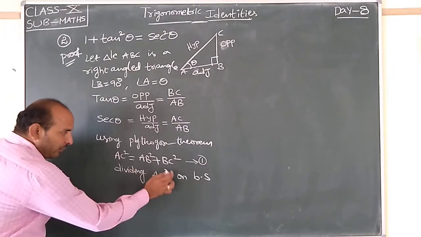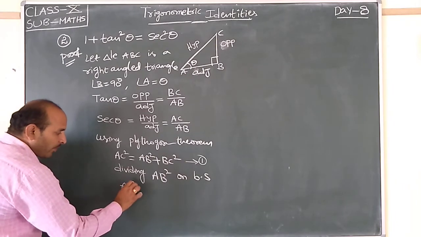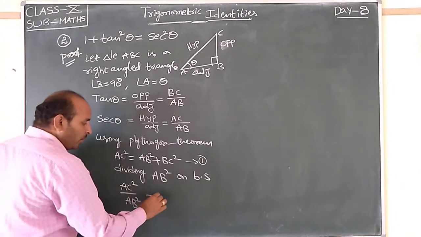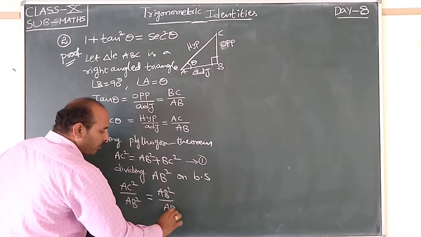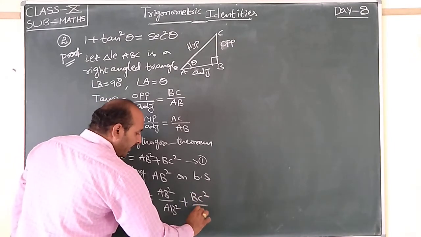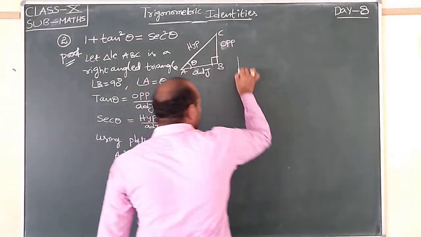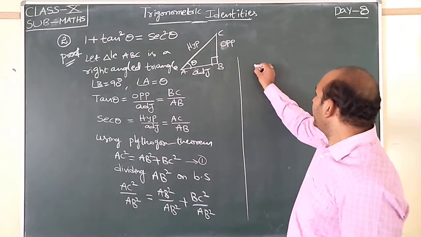So AC square divided by AB square is equal to AB square divided by AB square plus BC square divided by AB square. So next, here you can observe AC by AB, how can you write?